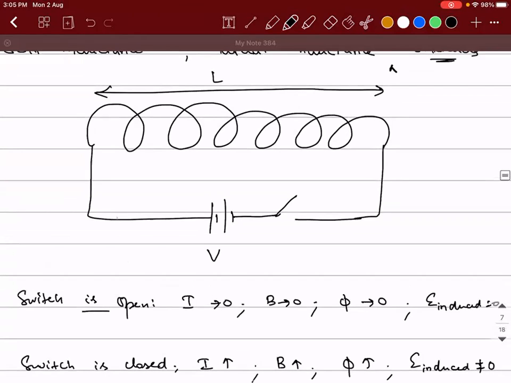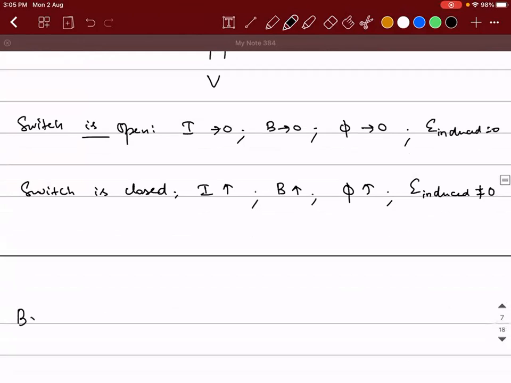So in this kind of scenario, there will be an EMF induced across the ends of the solenoid, which we generally call the back EMF, or self-induced EMF. The reason why we call this back EMF is very simple: the EMF that is getting induced will try to oppose the cause according to Lenz's law. That is the reason why we call it a back EMF.